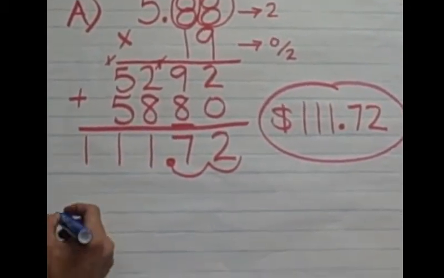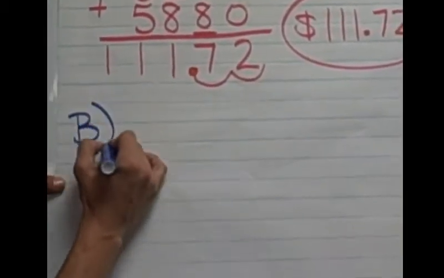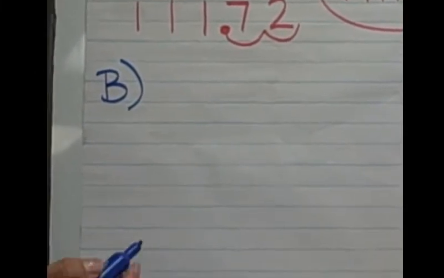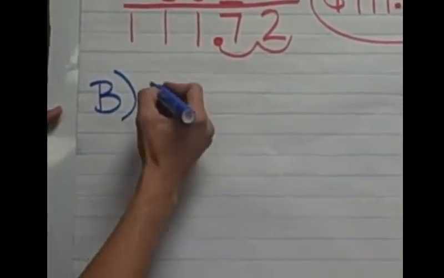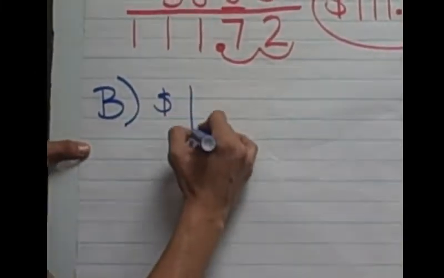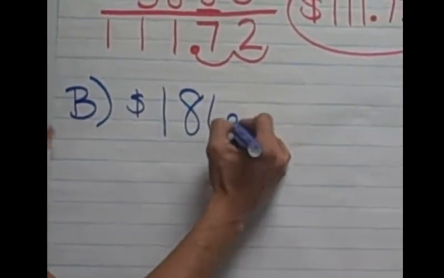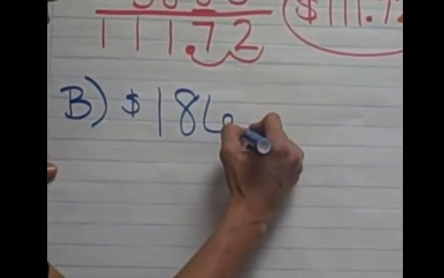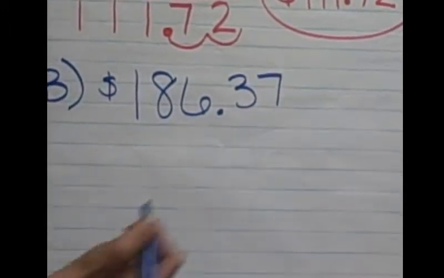B says it wanted you to calculate what my real bill would have cost if I would not have made this mistake. So on the invoice, it does show that I paid $186.37.